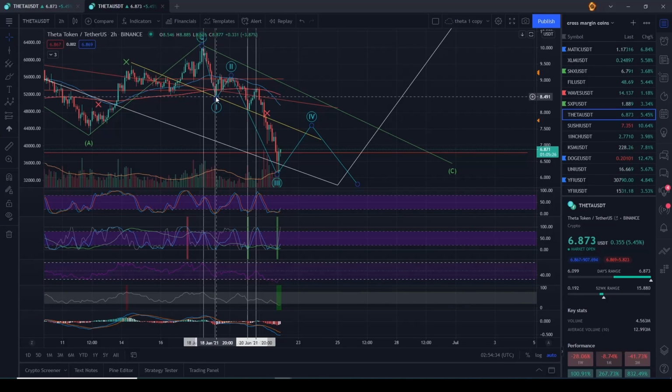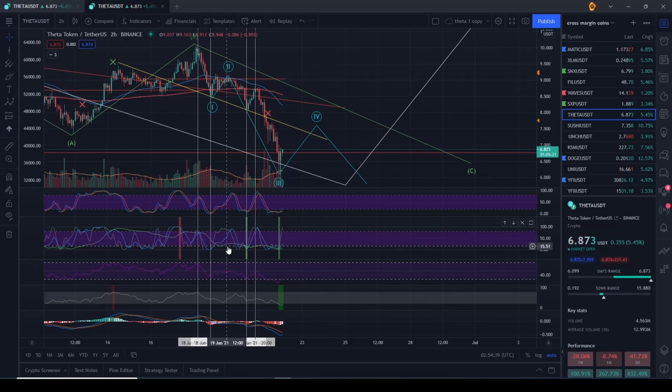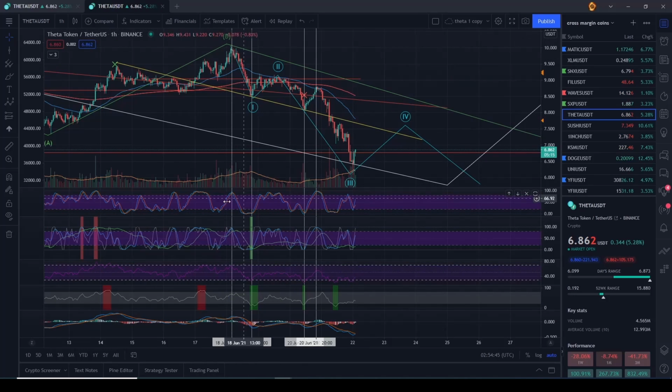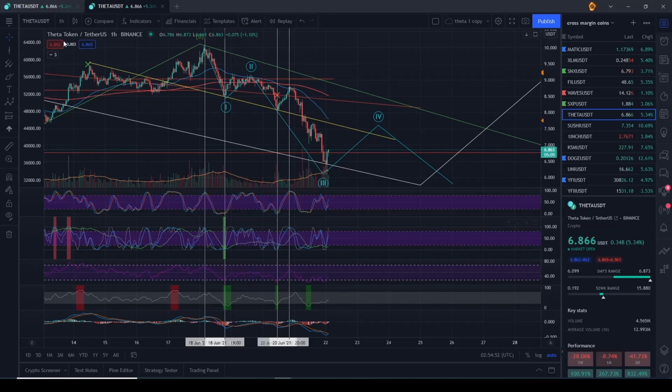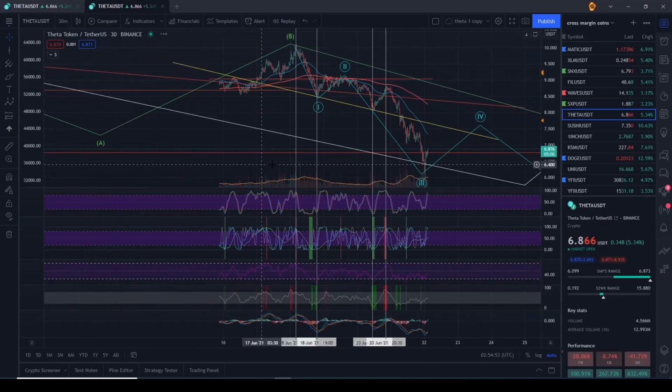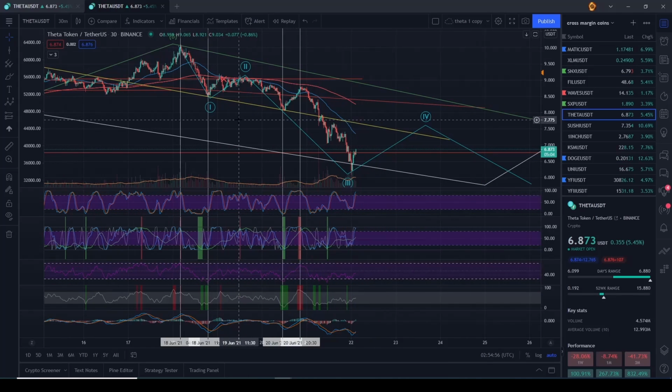So definitely this is a 1, 2, and then this looks like a 2. Zoom in more.